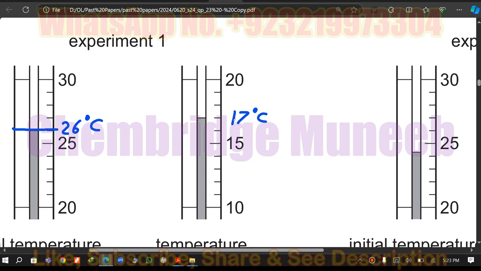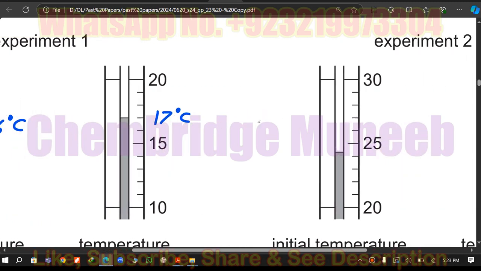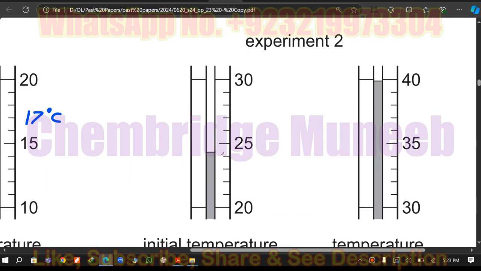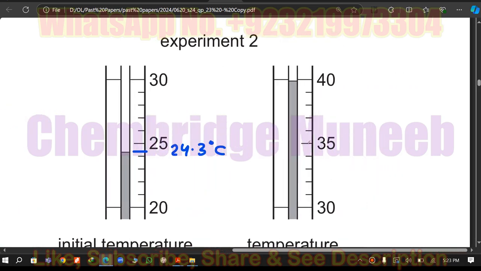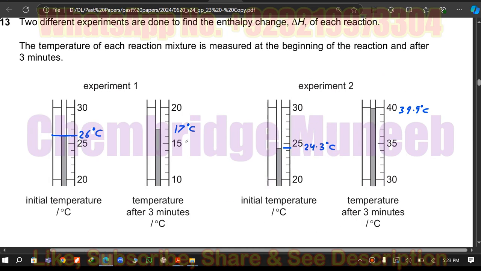Now coming over here, this value is somewhere at 24.3. Let's suppose I say it's 24.3 degrees centigrade, and then this diagram indicates that the value is somewhere at 39.9 degrees centigrade. So I have taken the readings from this experiment.